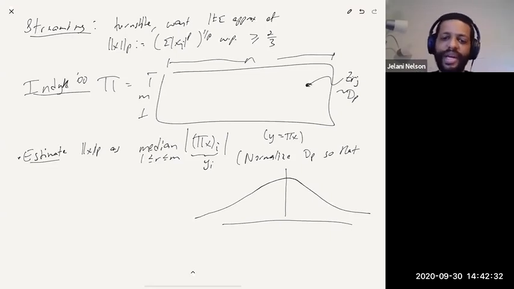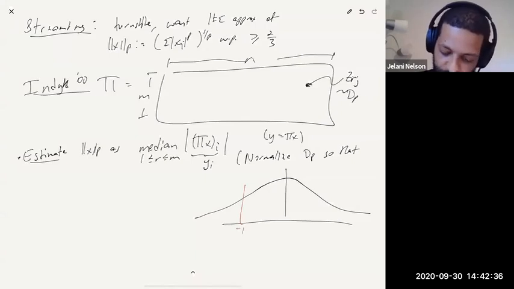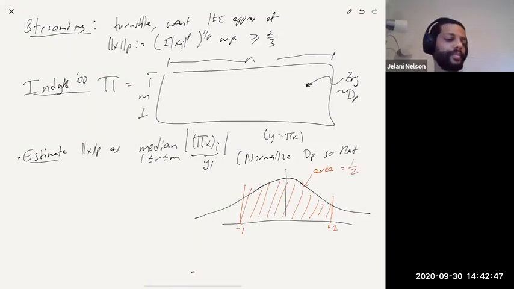And when I say normalize, you're going to normalize it so that if you look at the interval from -1 to 1, this area is equal to 1/2. That's just a matter of scaling.